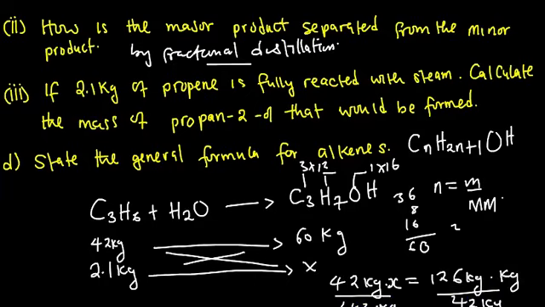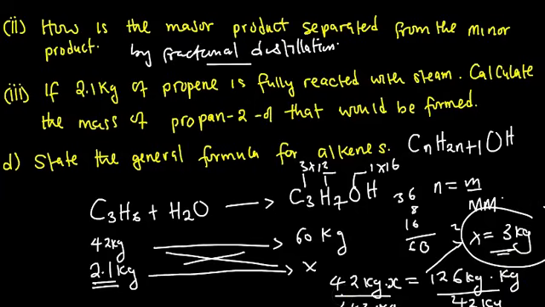So x is going to be 126 divided by 42, which gives us 3 kg. So 3 kg will be produced if 2.1 kg of propene was reacted. So the answer is 3 kg. That is how we simply work out this one.